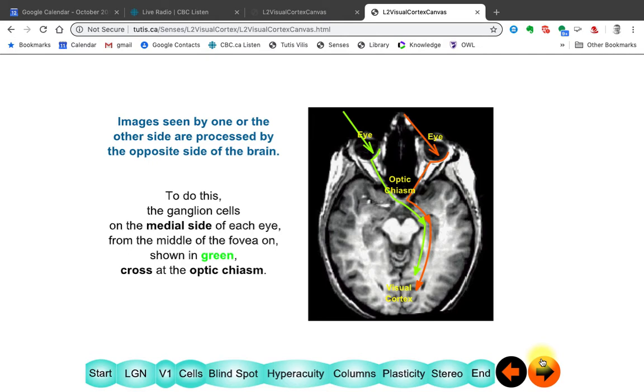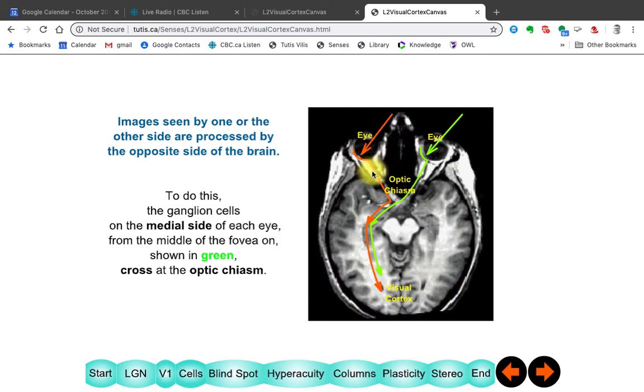So it goes through the eyes and hits the opposite side. And in the case of the green one, the green signal is coming from the medial side of the eye, that is the side closest to the nose. That's the medial side of the eye.